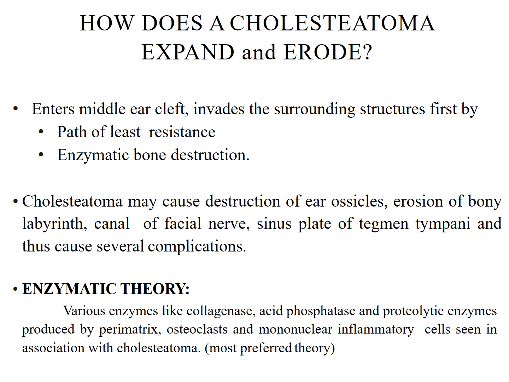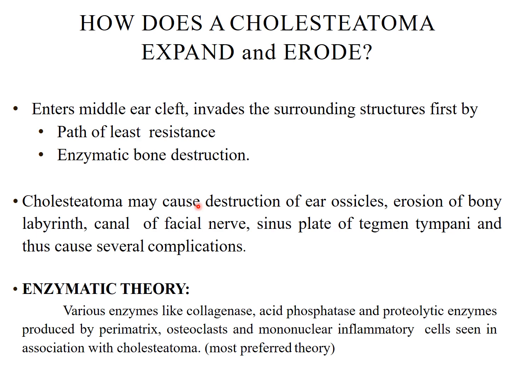Just visualize the picture of the middle ear cleft. So from the attic it will go into the aditus, then into the antrum and the mastoid air cells. Then downwards it can lead into the mesotympanum, while medially it may surround the incus or head of malleus and these ossicles.